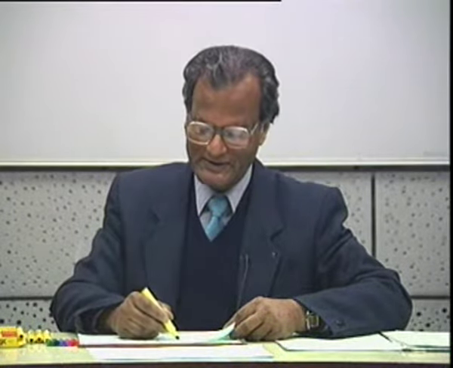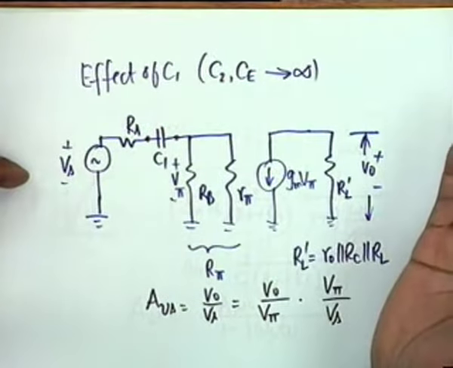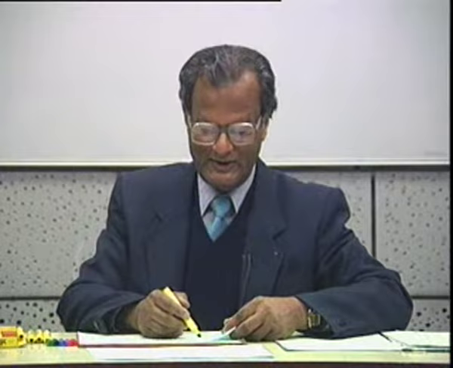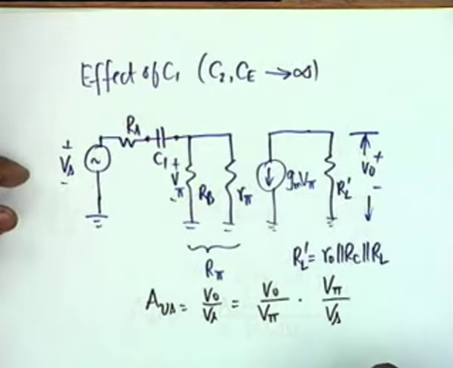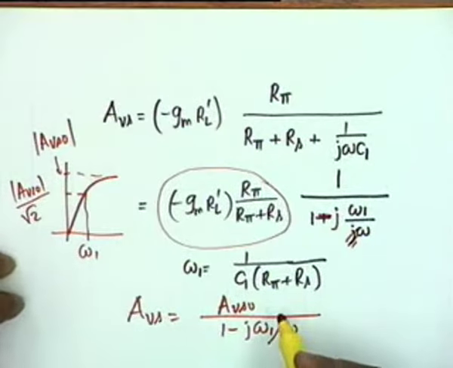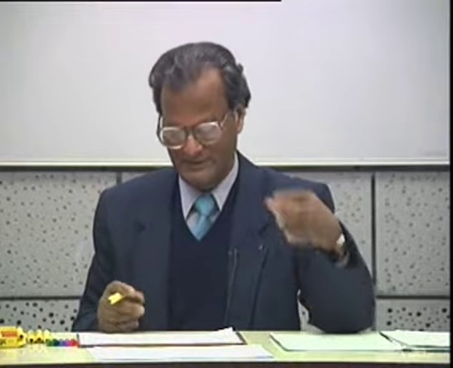That is, resistance seen from the terminals of C1 with independent sources eliminated, which means that Vs has to be shorted. If Vs is shorted, then Rs comes in series with R pi, alright. So this time constant is determined by C1 and the Thevenin resistance that C1 sees into this circuit, okay.